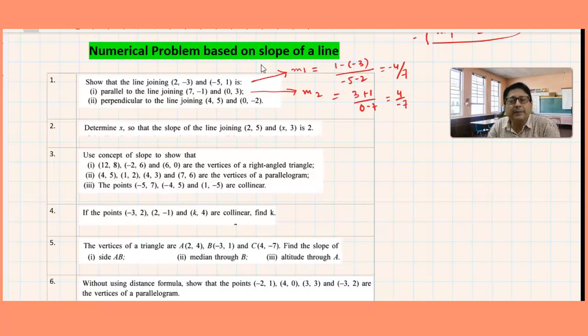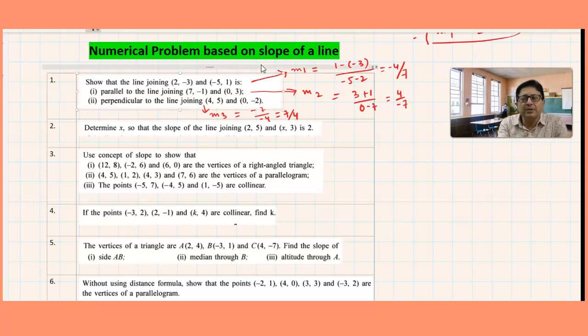And the concept of perpendicular line is product of slopes must be -1. So let us find the slope of this line. This m3 is going to be -2 -5 by -7 and 0 -4, that is -4. It is 7/4. Now the third line is perpendicular to both the lines m1 and m2.